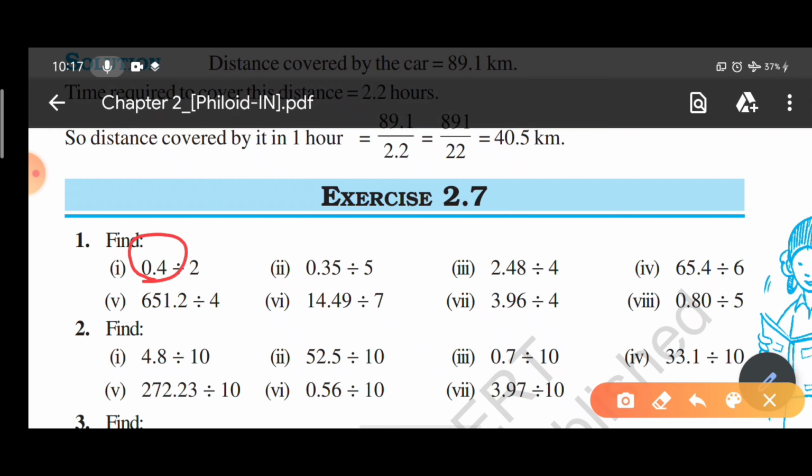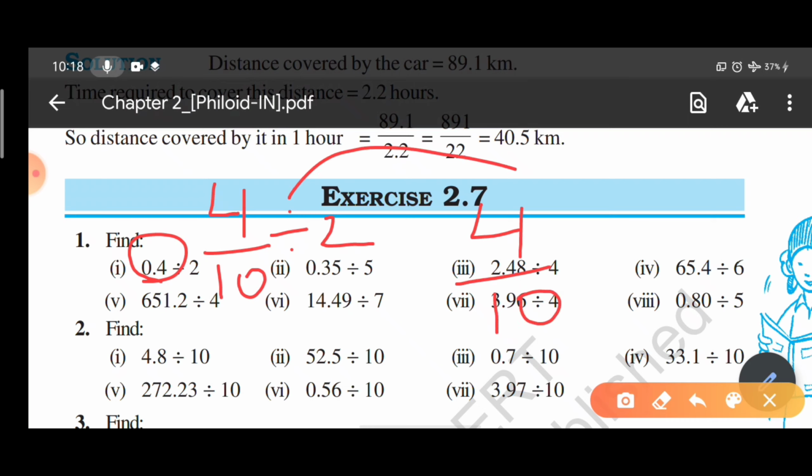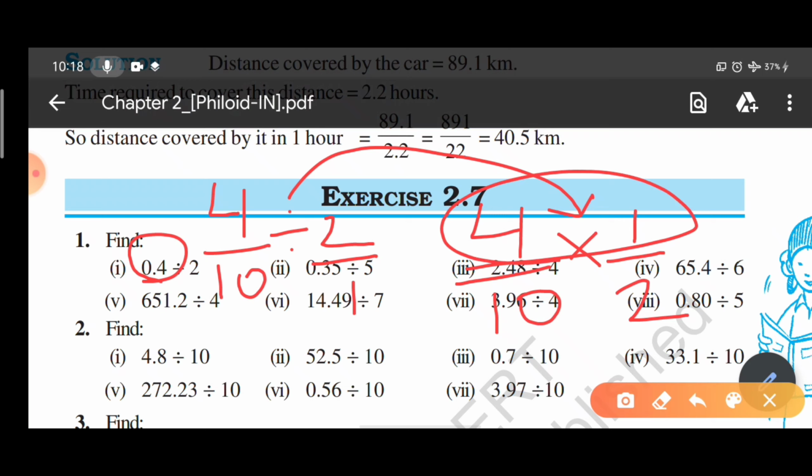It is 0.4. If I convert it into a fraction, it will become 4 by 10. Then division by 2. Now remember that situation where we were solving problems like, if it is 4 by 10, convert this sign into multiplication, take the reciprocal of the number provided ahead, and now just simply solve it. 4 ones are 4 divided by 2 multiply 1 by 10.